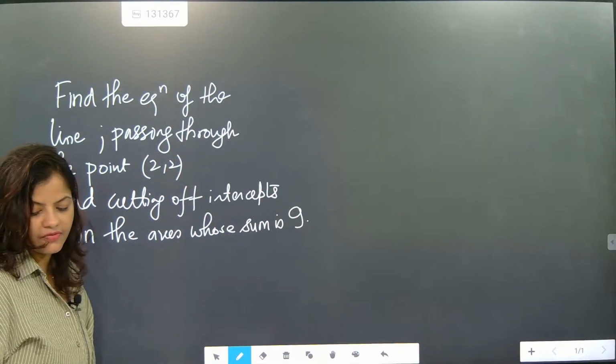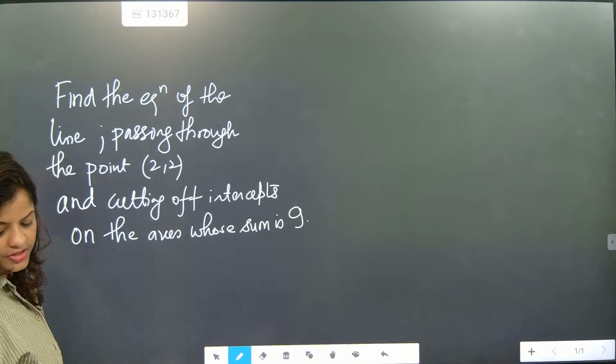This is an NCERT question and a very important question. All NCERT questions we have discussed.